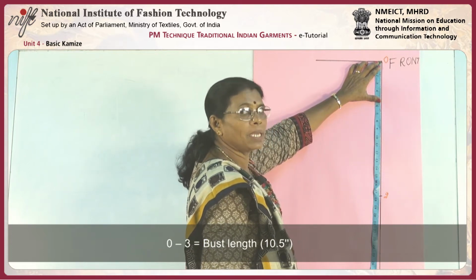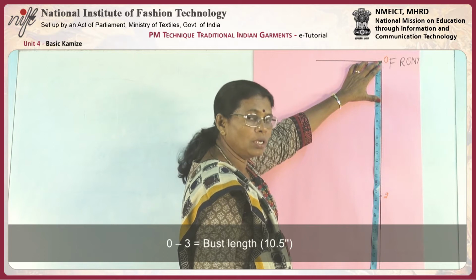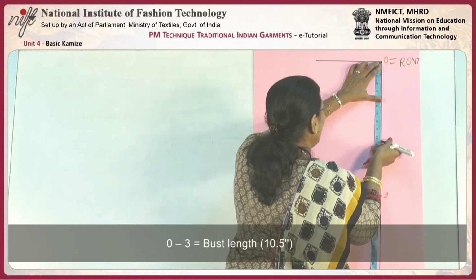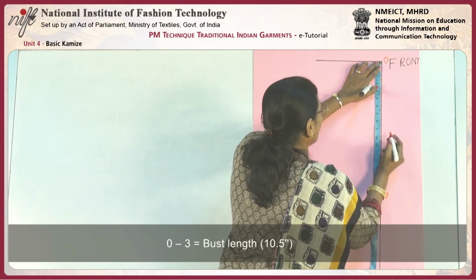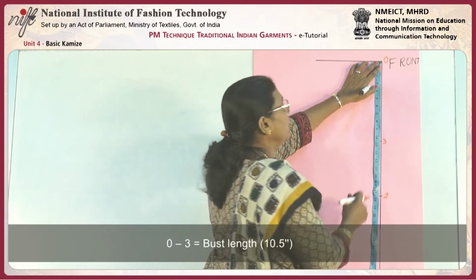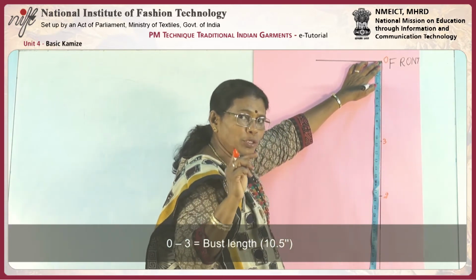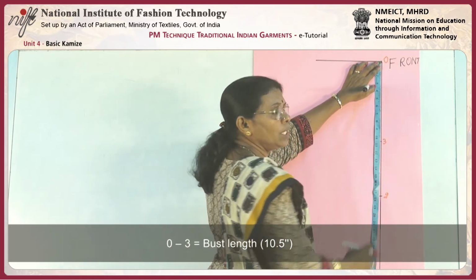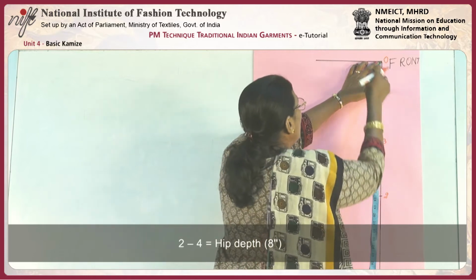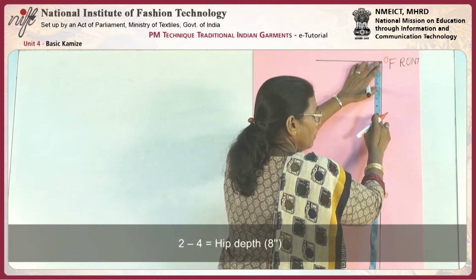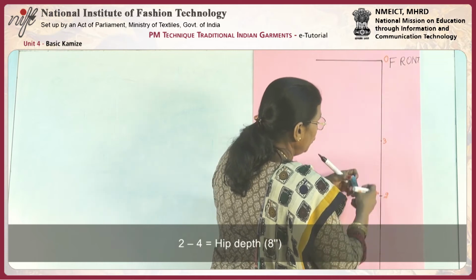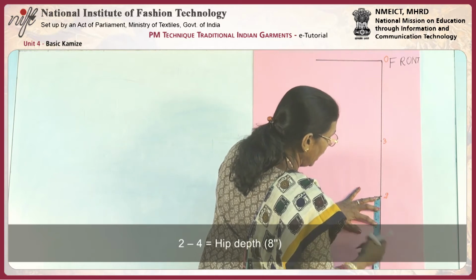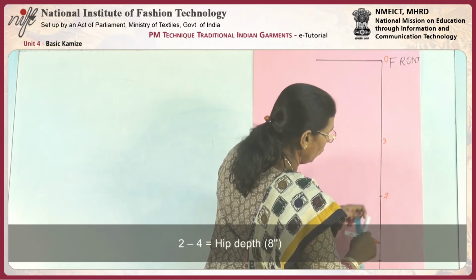You can take the bust height from high point shoulder to the bust point and mark here the measurement 10.5, that is 3. The measurement has to be taken from the high point shoulder to the bust point. That measurement is marked from 0 to 3 as bust height, and 2 to 4 is hip depth. Hip depth is 8 inch and mark 4.